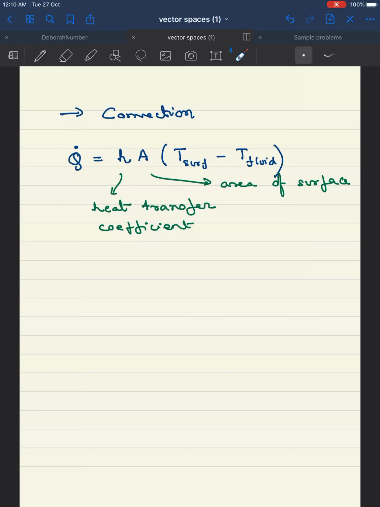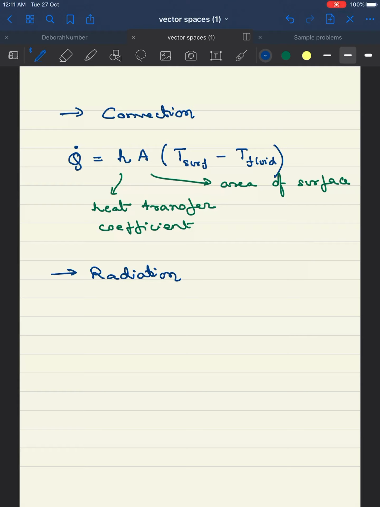Okay. And then finally the third and the last mode of heat transfer is radiation. And radiation can take place in the absence of any medium at all, and it takes place through the emission of electromagnetic waves.